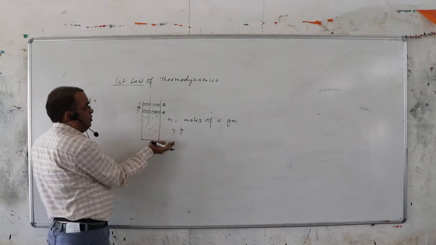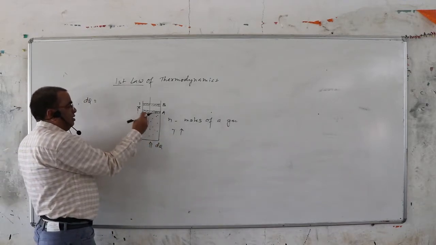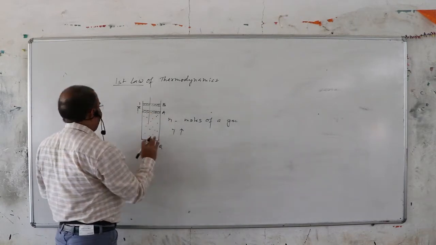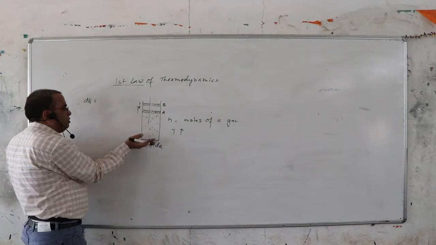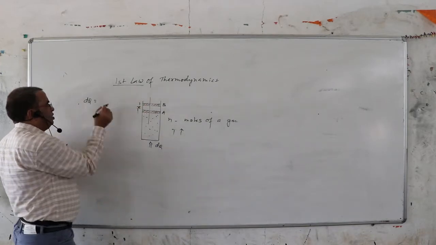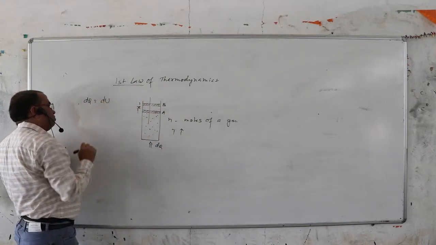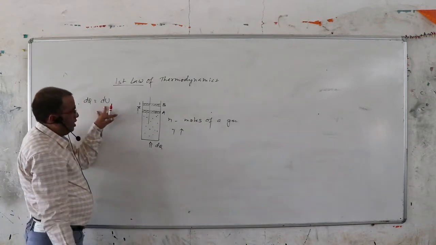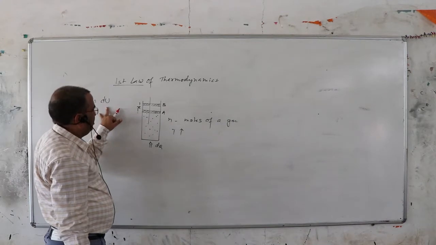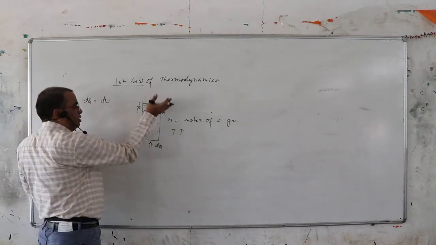So with rising temperature, the internal kinetic energy has increased, in other words there is a positive change in the internal energy. That is what we represent by the term dU, a positive change in the internal energy, when the temperature of the gas is increasing.